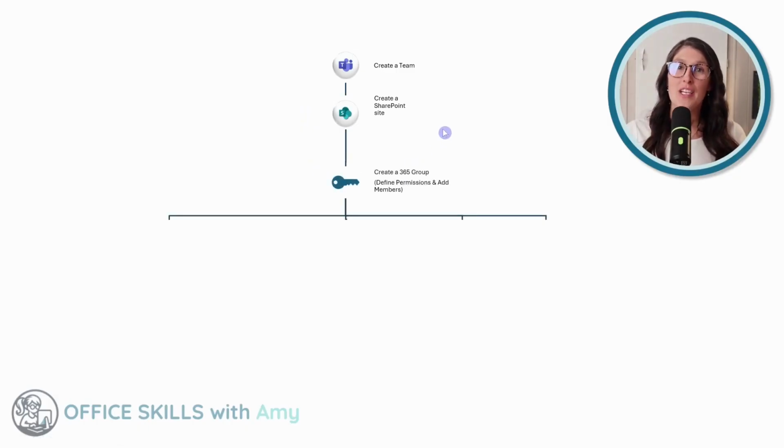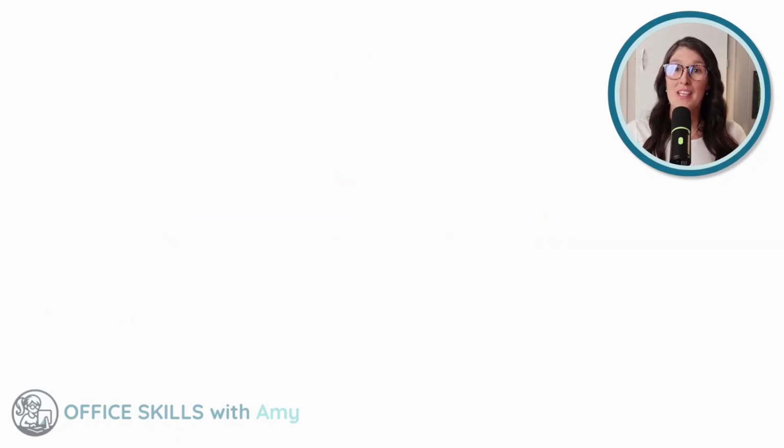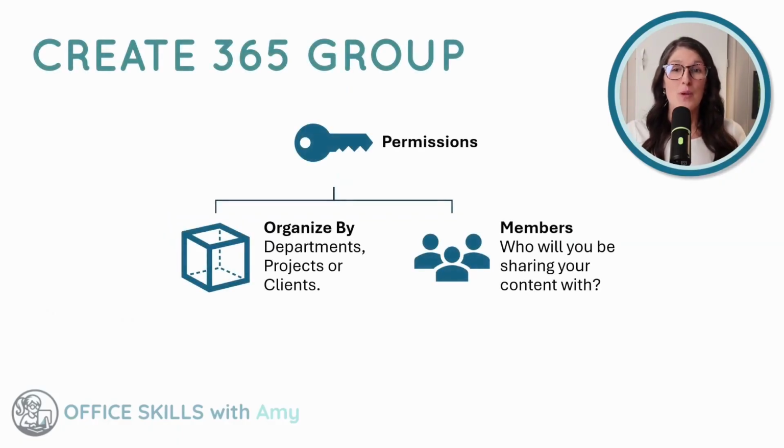And when we create a SharePoint site, we are actually creating a 365 group. When we create a 365 group, we define permissions and we would organize those groups by departments or projects or clients. And then we would add team members to that group, which are going to be the people who you want to share this content with.